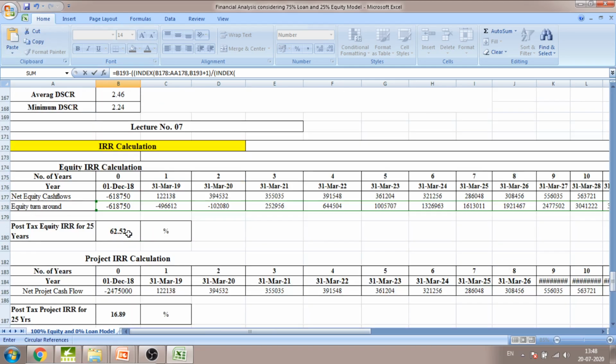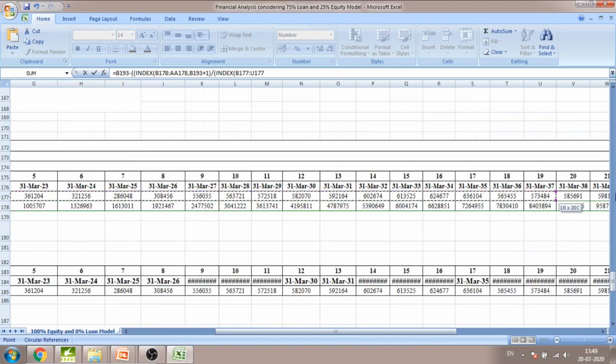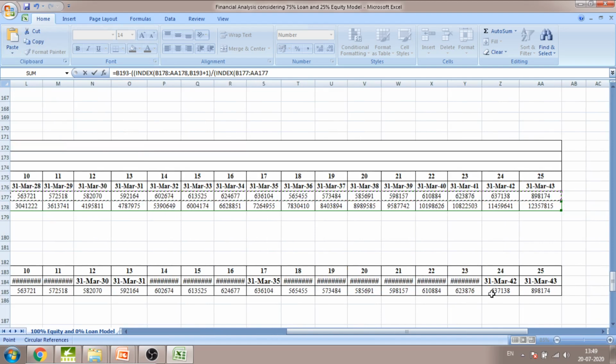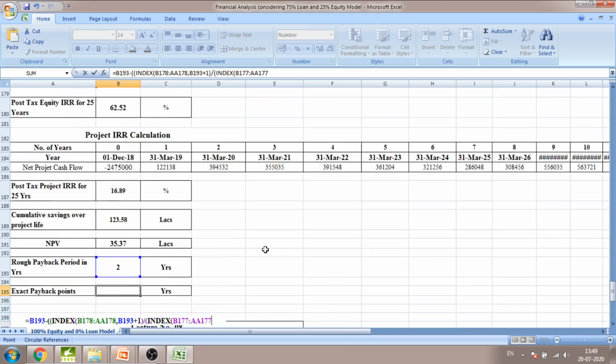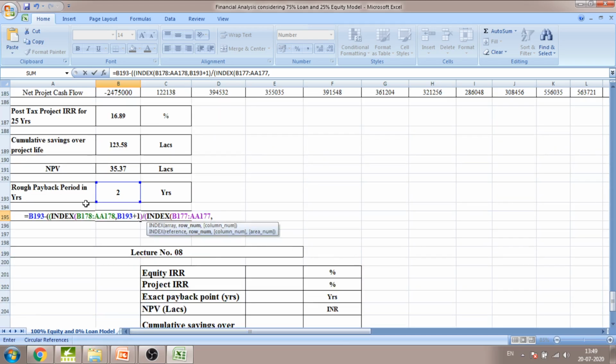Now we select the equity turnaround of the project over the 25 years, comma, the reference of the rough payback period plus 1, and bracket complete.